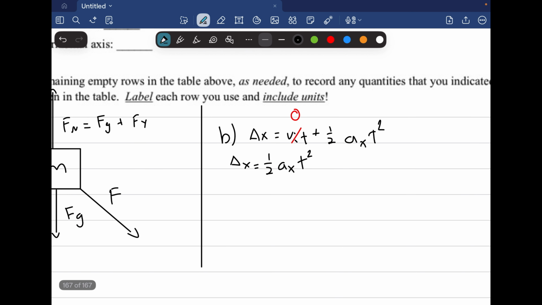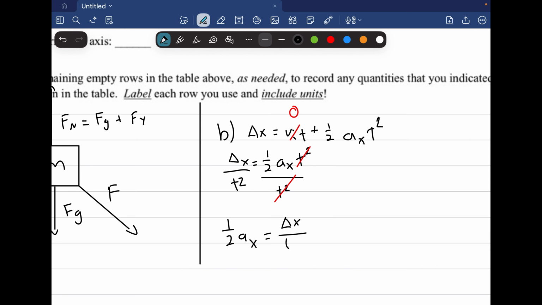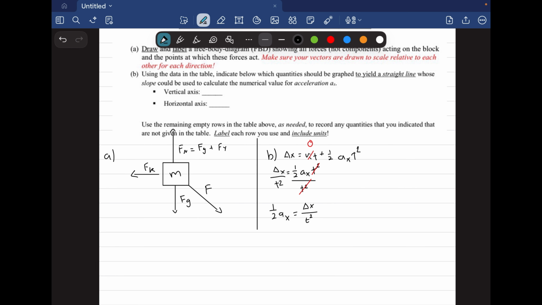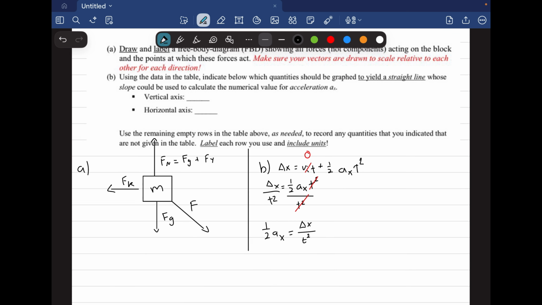Then divide both sides by t squared, leaving you with this equation for acceleration. So that's your equation.